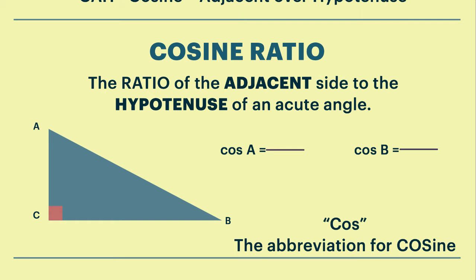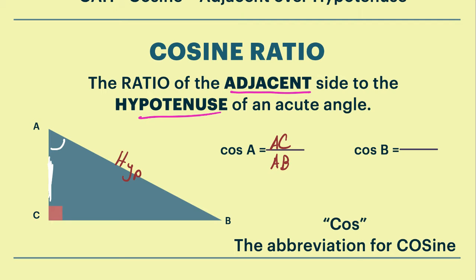And then let's do the cosine function. For the cosine function, we use the adjacent side, which we have not used yet. So cosine is adjacent over hypotenuse, just another ratio. So we have three different ratios, and they have three distinct names. If I want the cosine of A, I have to use its adjacent side, which is AC, over the hypotenuse, but again, the hypotenuse is always that longest side, so AB.